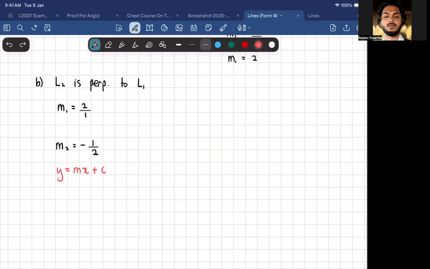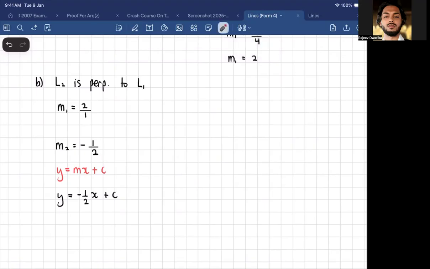So wherever you see an M, you're going to write what instead? What do you think? Negative 1 over 2. Right, so I'm going to write y equals negative 1 over 2 x plus c. But I am still missing something. I am still missing c. I don't know what c is.